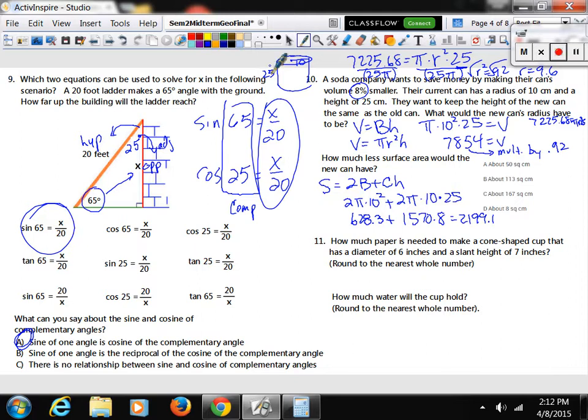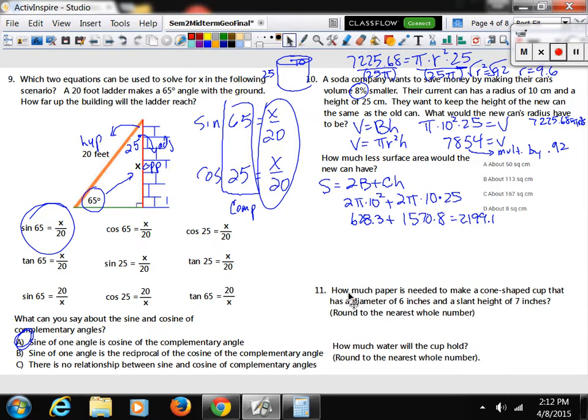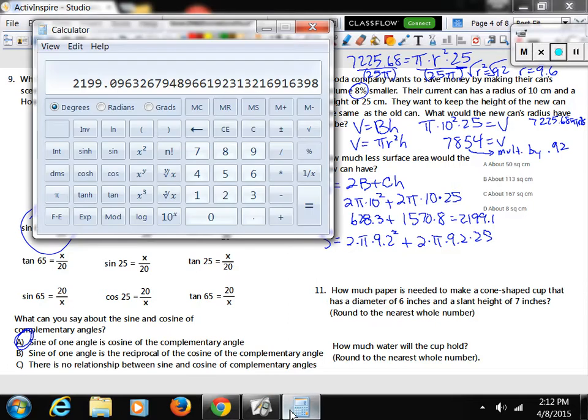The new can has a radius. This 10 is going to become a 9.2. So we're going to do the same stuff in our calculator. We're going to do 2 times pi times 9.2 squared plus 2 times pi times 9.2 times 25. So let's see what we would get. 2 times pi times 9.2 times another 9.2.